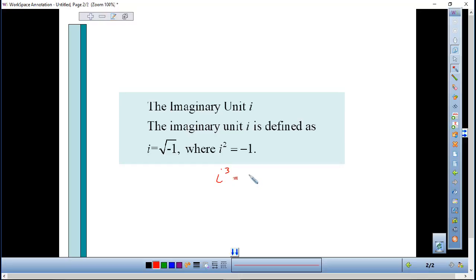You can think of it as i squared times i, which gives you -i, and i to the fourth as i squared times i squared, which is -1 times -1, which gives you +1. So i to the fourth is actually +1. And you can use that to actually break down really big powers of i if you need to.